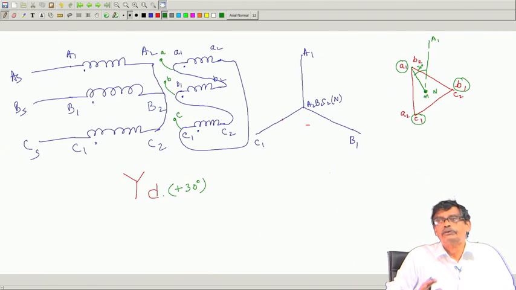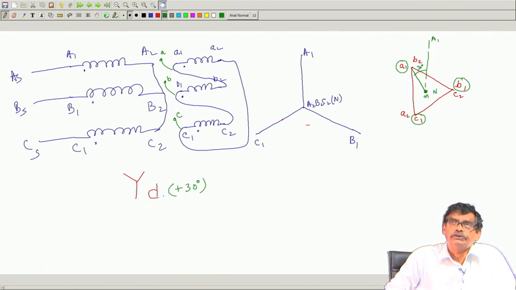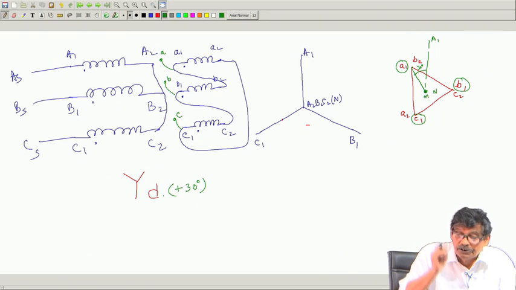Although I have not told you anything about when to use star star connection, when to use star delta connection, when to use delta star connection, nothing like that. We are getting used to how to connect the transformers correctly. Polarity markings are so important, and what is vector group?